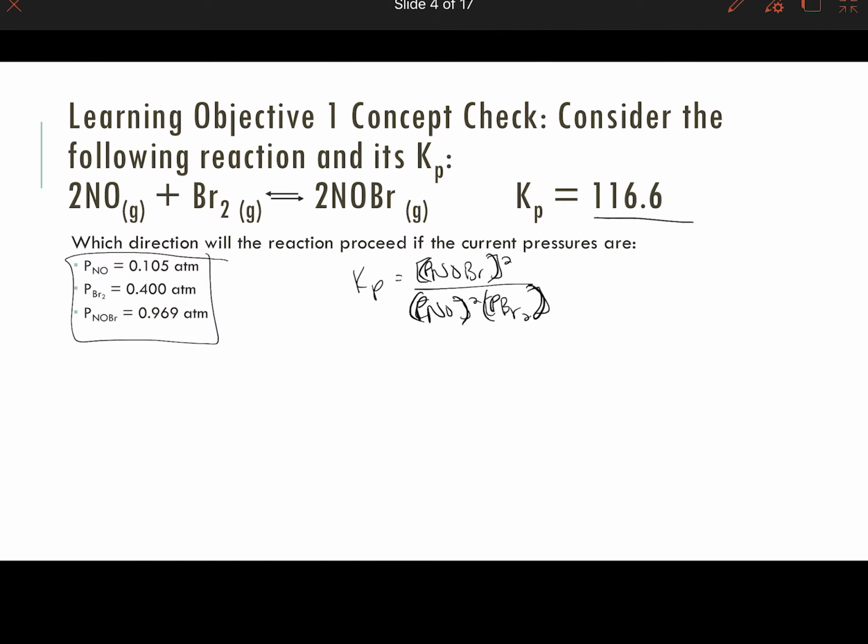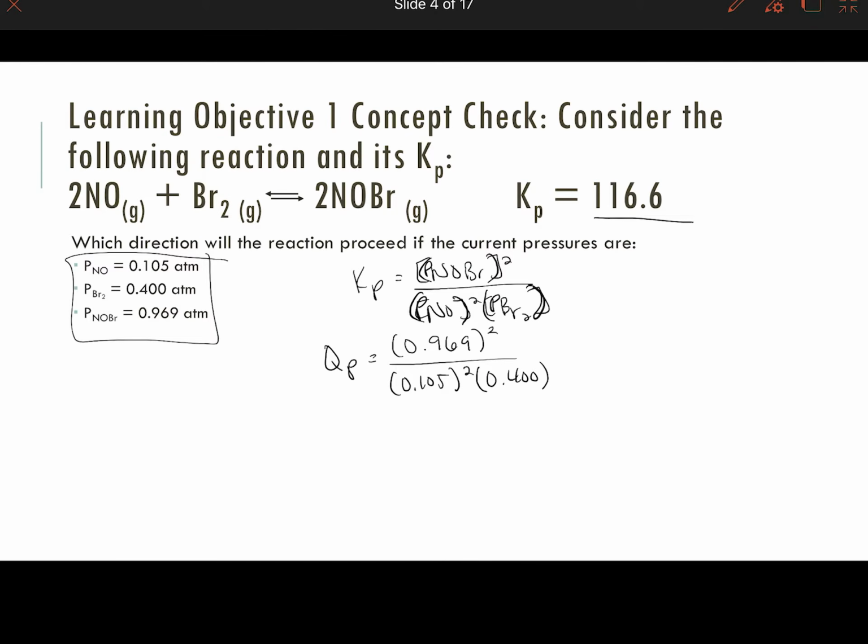So if we don't have equilibrium pressures, if we have just random pressures, let's see what we get. So we're going to solve for our Qp instead here. We have our NOBr pressure at 0.969 atmospheres. That'll be squared. We're going to divide that by our NO pressure, 0.105, and that's also squared, and then by our Br2 pressure, 0.400 atmospheres.